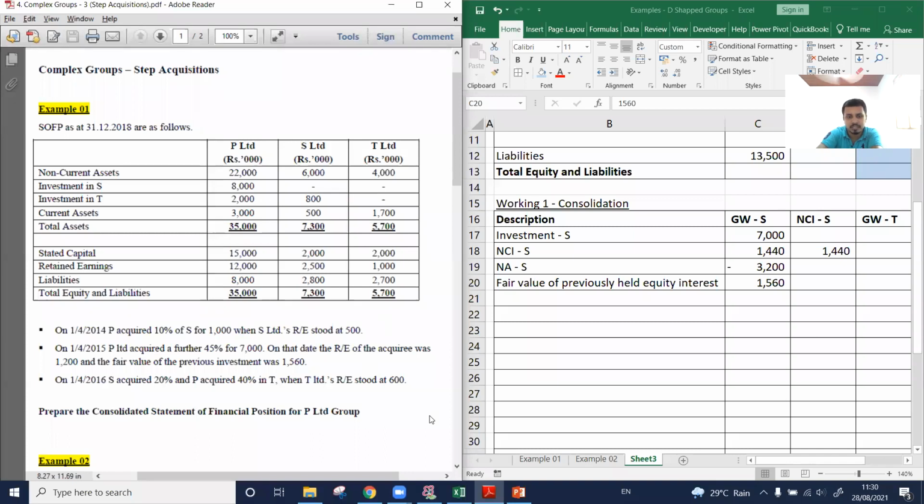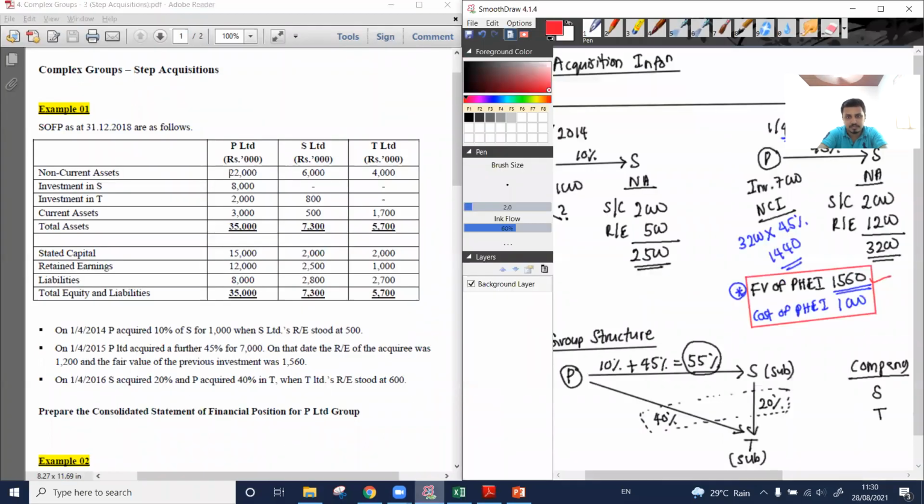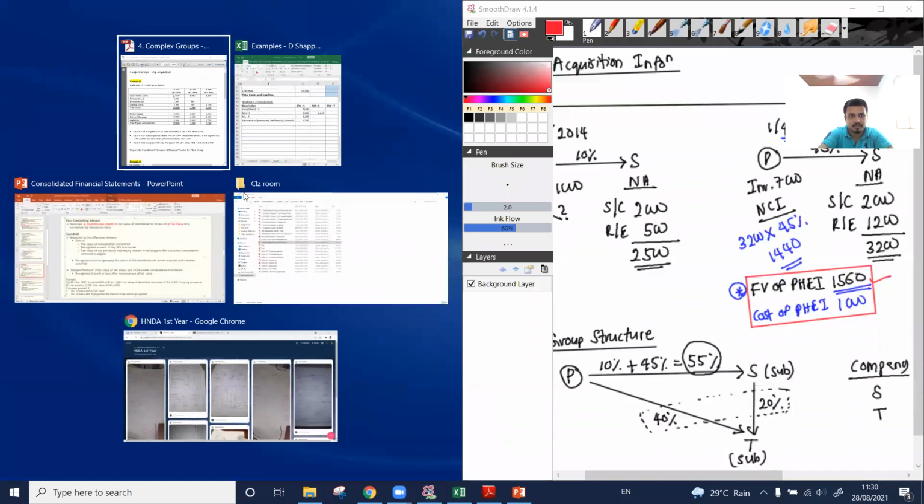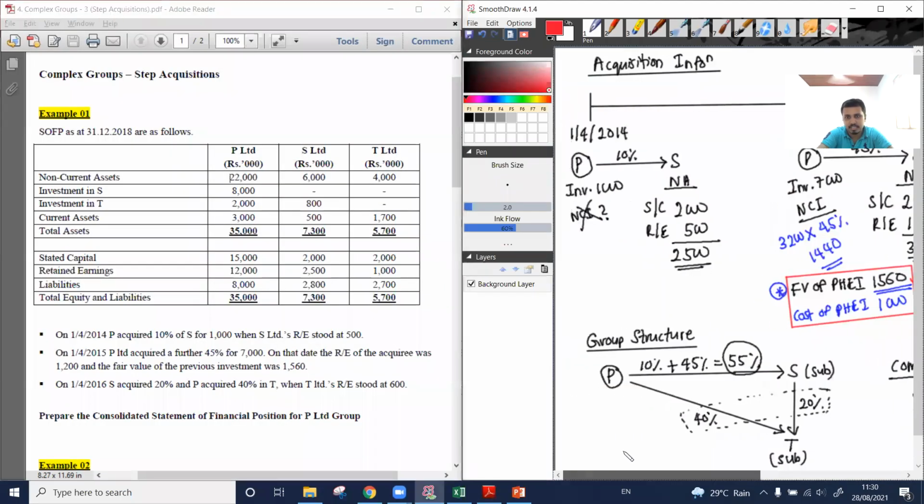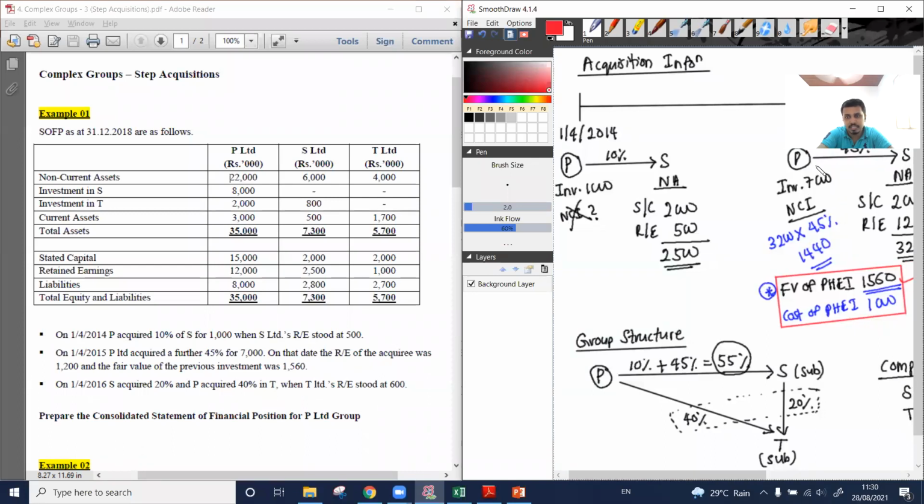So 8,000 means to acquire this 10% we have invested 1,000, and to acquire this 45% we have invested another 7,000. Altogether it is 8,000.